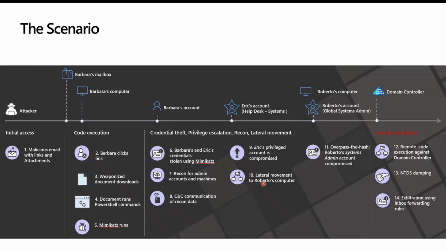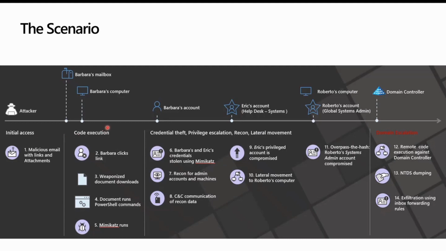And so once they compromised his computer and then compromised his account, really at that point it was kind of game over, because at that point the attacker was able to dump the NTDS.DIT. They were able to get the credentials for anything that they needed, and they began the process of exfiltrating using some inbox forwarding rules. So this attack timeline and scenario is not at all uncommon in the enterprise environments that we work in.